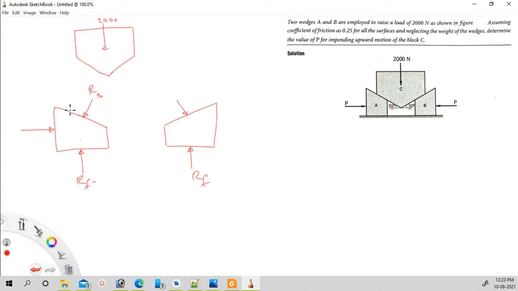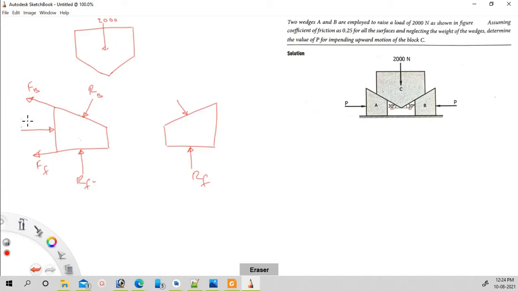Then what about the frictional resistance? As this force P will be pushing this block towards right, the frictional resistance on this surface will be in this direction, and here it will be in this direction. Is it not? So let this be FF and this be FB.